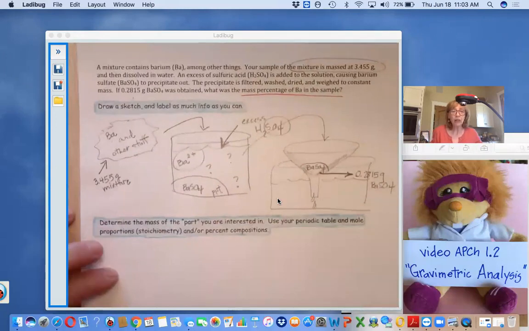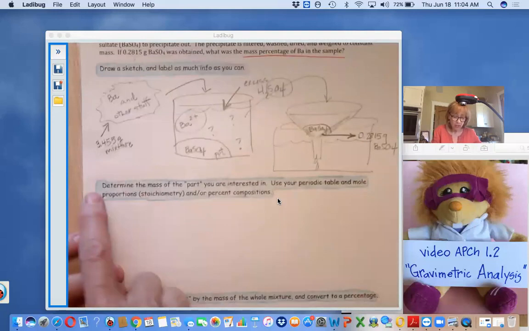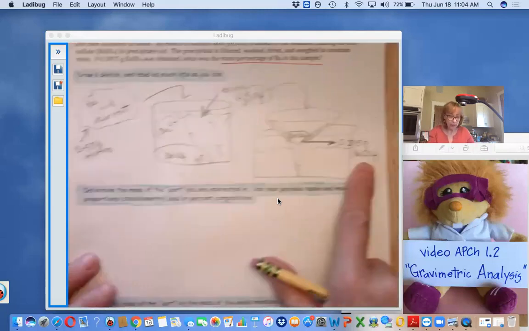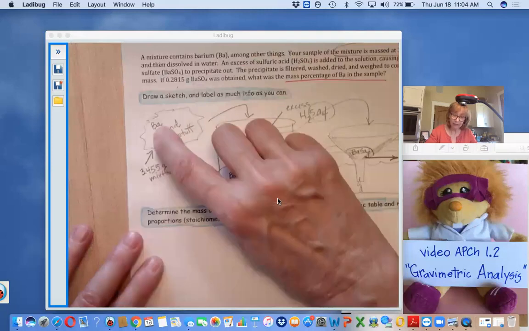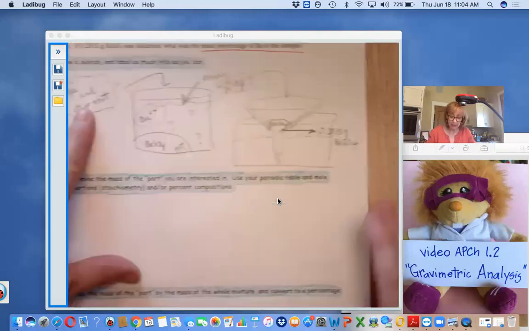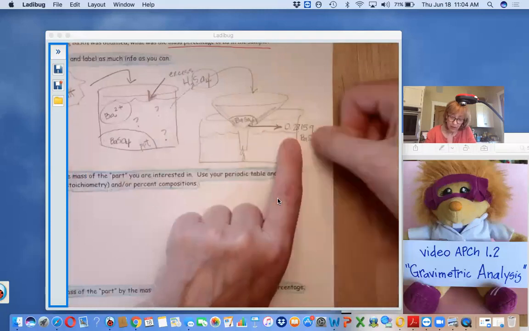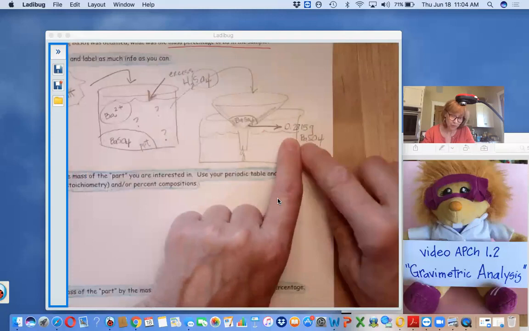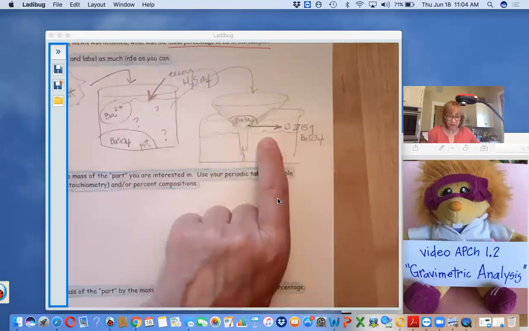Okay, so now let's move on to the second part of any gravimetric analysis problem. Determine the mass of the part you're interested in. So I had barium in the mixture. I didn't know its mass. I have moved it over here to becoming a part of a compound that has a formula, and I now know the mass of that compound.